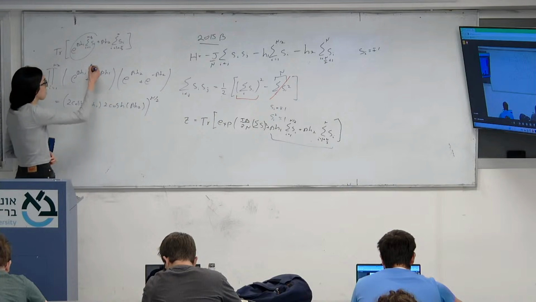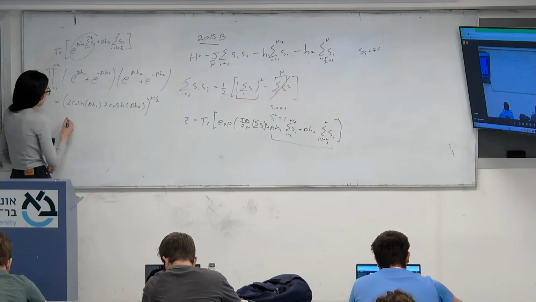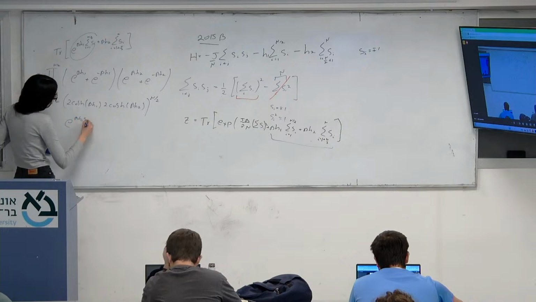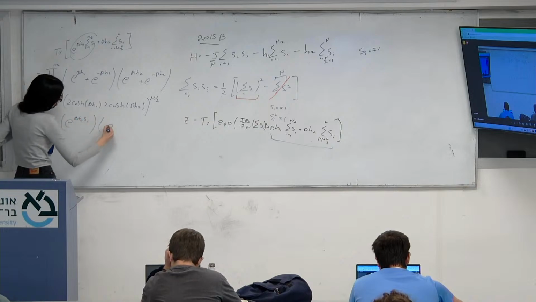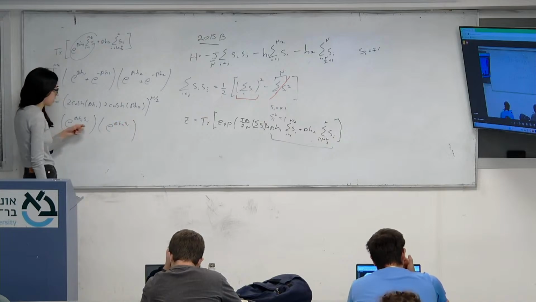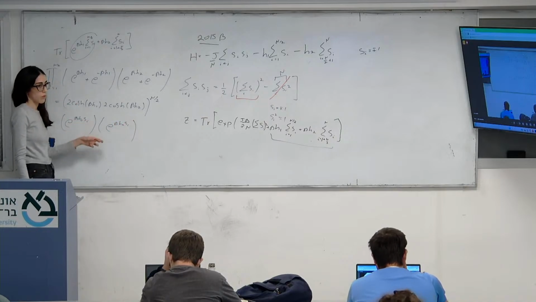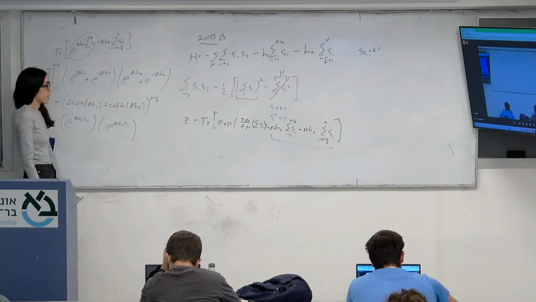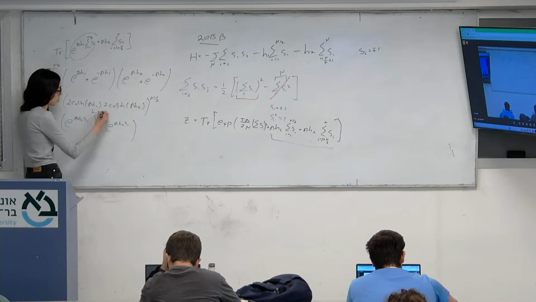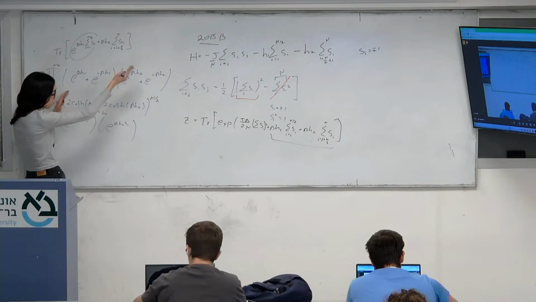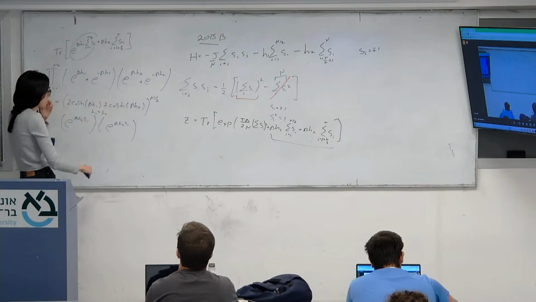When I take it out, I have e to beta h1 S_i and e to beta h2 S_i, and this goes to n over 2, and this goes to n over 2. If I put them together, and then take h1 equal to h2, I converge to the case that we saw before, where I only have that to the power n.